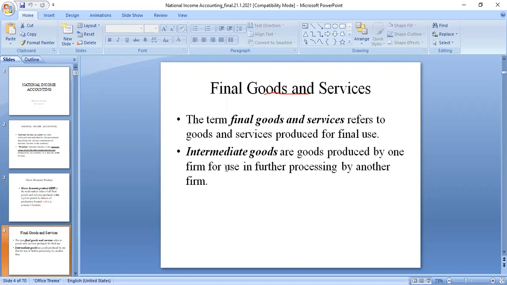It can be a final good, and it can also be used as an input in the production process. For example, milk can be used in the processing of yogurt, ghee, and ice cream, right? So an intermediate good is a good that can be a final product and can also be an input in the production process.